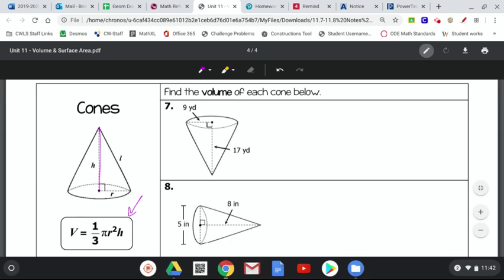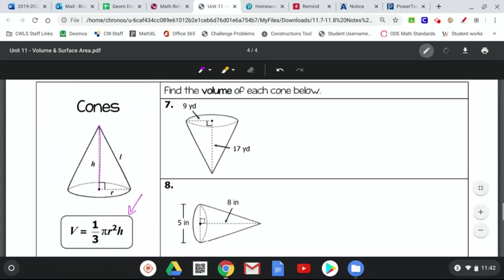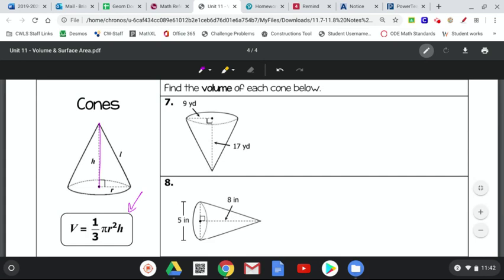So for this one, we have to figure out the radius and the height again. So radius and height are two necessary pieces of information. So in this one, the radius is right here. It is going to be 9, and the height is going to be 17.